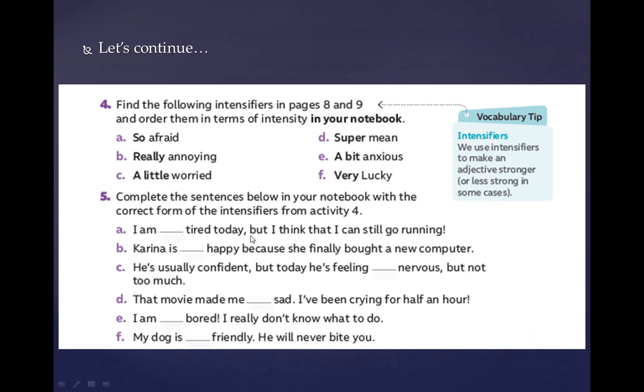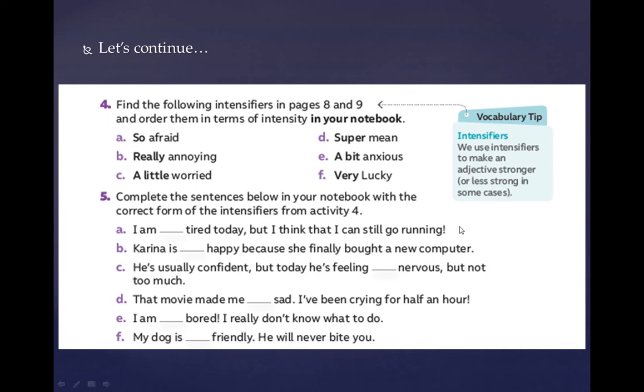Look at the second information, but I think that I can still go running. This person says that they are tired, but is going to go running anyway. So it cannot be super tired or really tired because he or she still has some energy to go running.